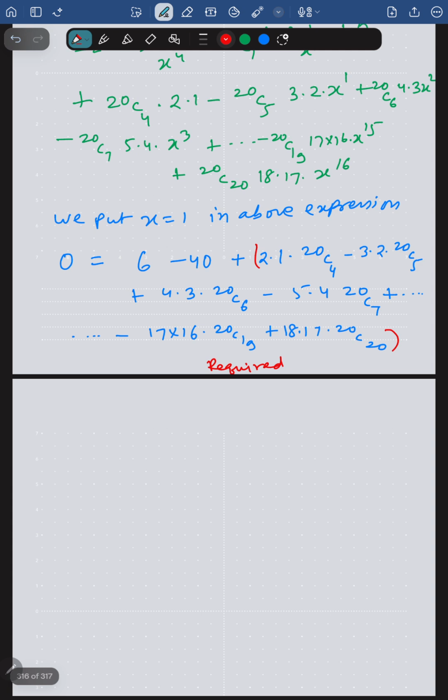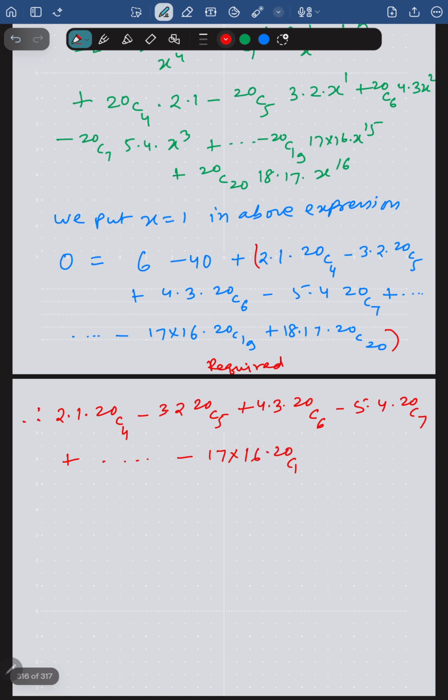Okay, so this required portion is nothing but, therefore 2 into 1 into 20c4 minus 3 into 2 into 20c5 plus 4 into 3 into 20c6 minus 5 into 4 into 20c7 plus dash minus 17 into 16 into 20c19 plus 18 into 17 into 20c20 will be equal to this.